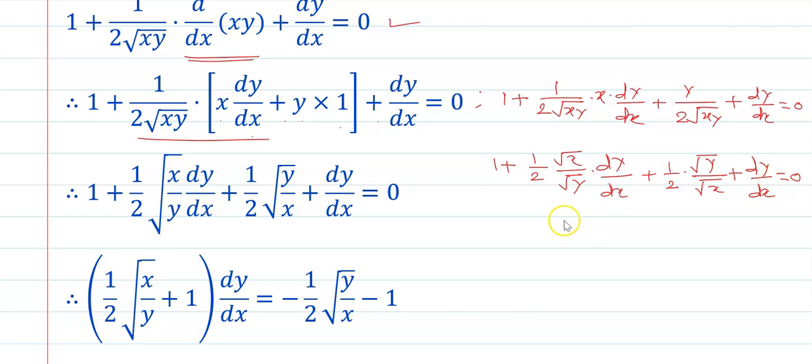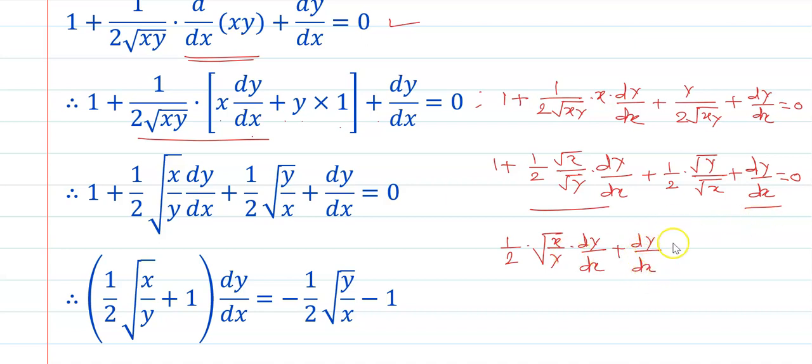Next, we will collect the terms of the dy by dx on one side. Means what? Here dy by dx, here dy by dx. Therefore, I will collect here 1 upon 2 into root of, collect in a single root sign. We will write it in a single root sign. Okay, dy by dx plus again this is the dy by dx.